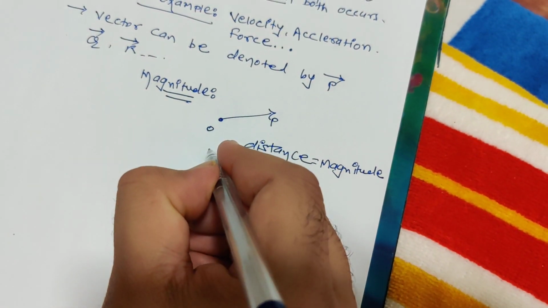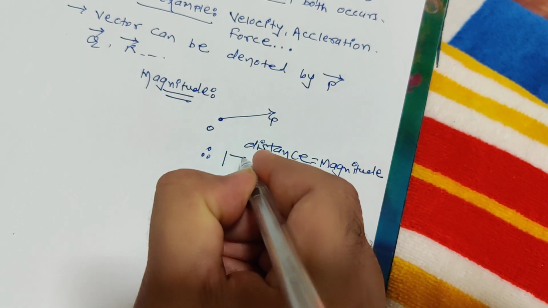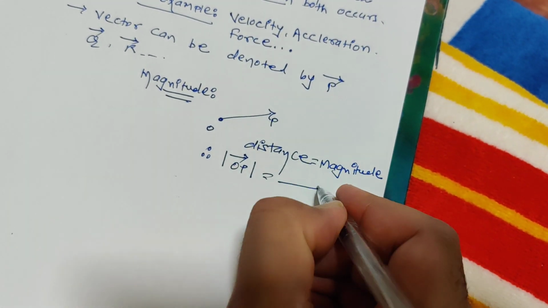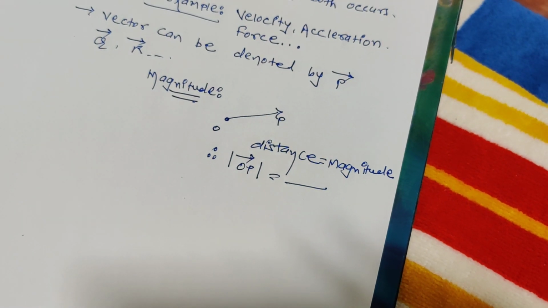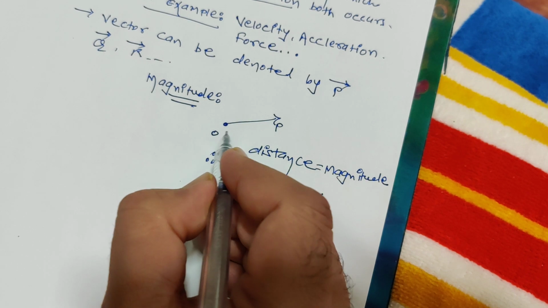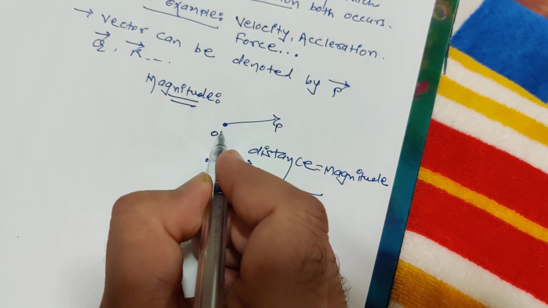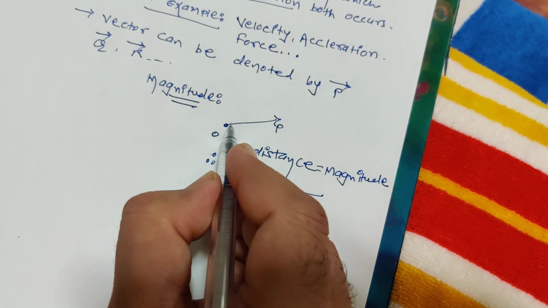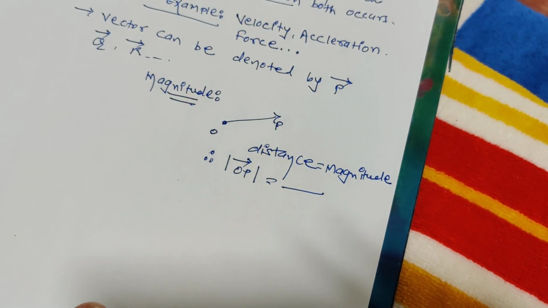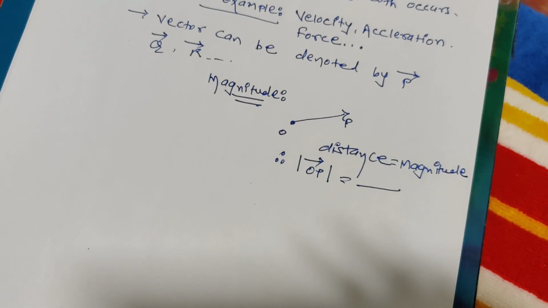So you can find it like this: OP is equal to some scalar value. So this gives us the magnitude of the vector OP. It means we are finding the distance from the origin to the point P, students.